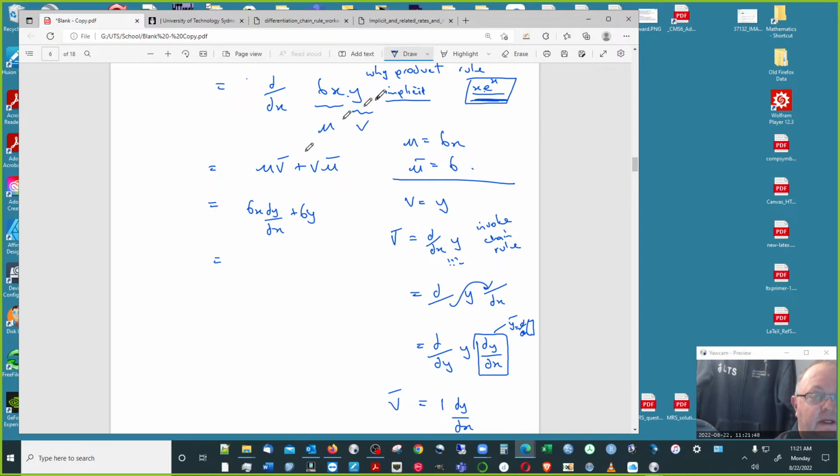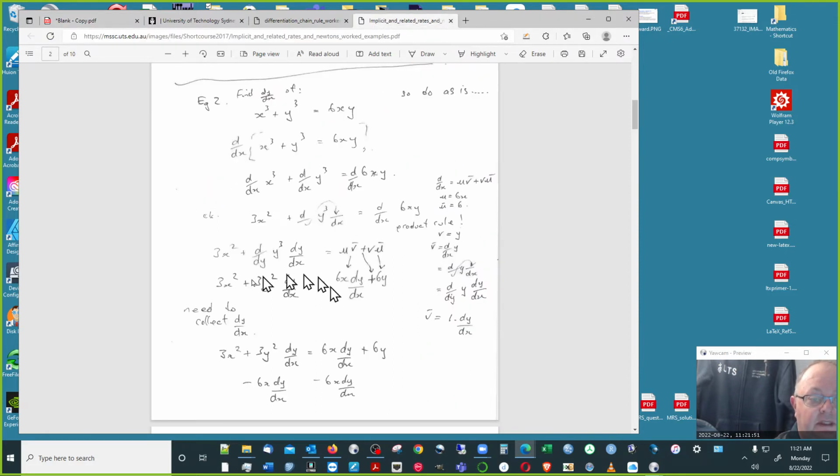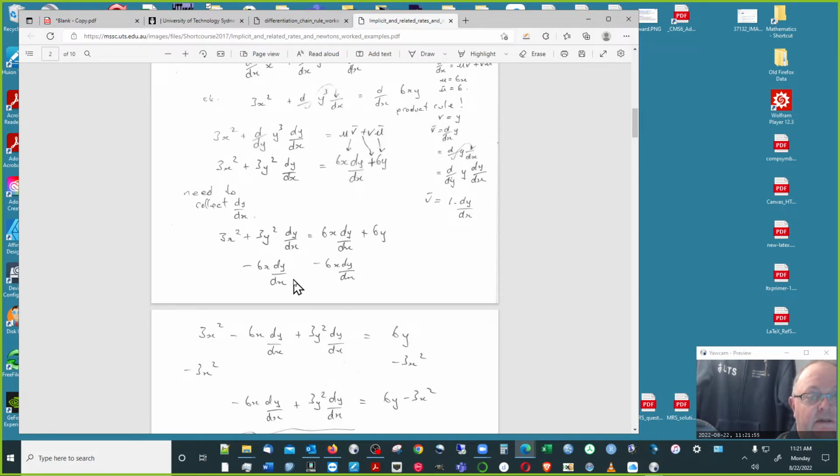Now, whatever's going on over on the left hand side can now be incorporated in this. So over here, we got to this point here, that's exactly the same as the one that I did. The difference here now is that it's got a left hand side and there's two dy/dx's, so they're going to have to be grouped by the plus signs. So that's why I'm subtracting the whole term, 6 dy/dx, both sides, so that down here the dy/dx's are now common.